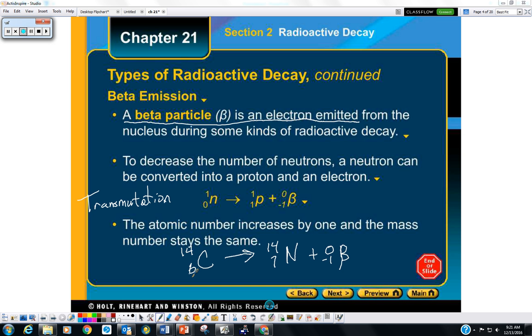So we see the atomic number goes from 6 to 7. The mass stays the same because a proton and a neutron are essentially the same mass. And then this beta particle is emitted, which is essentially an electron, a negatively charged particle with very, very low mass.